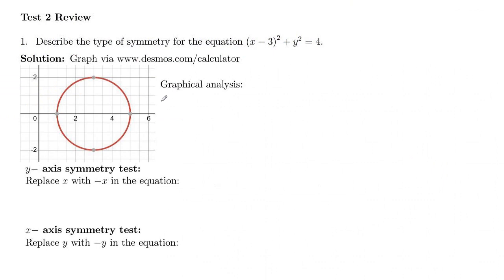Now what you'll notice about this graph is that we have some lines of symmetry here. Notice that the x-axis is a line of symmetry. It cuts the circle in half. So that's the only horizontal line of symmetry. So we've got x-axis symmetry.